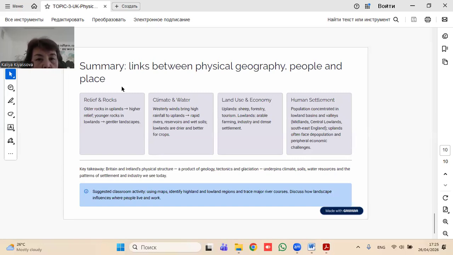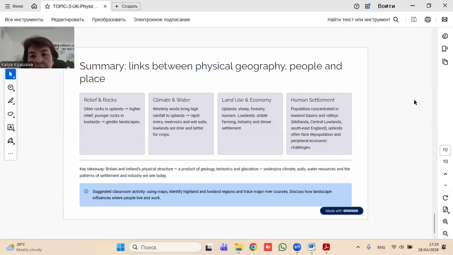Climate and water: westerly winds bring high rainfall to uplands, rapid rivers, reservoirs, and wet soils. Lowlands are drier and better for crops. Land use and economy: uplands shape forestry and tourism; lowlands, arable farming, industry, and dense settlement.